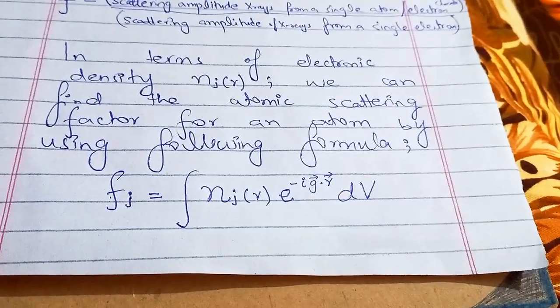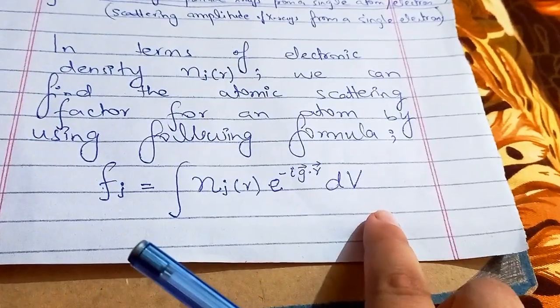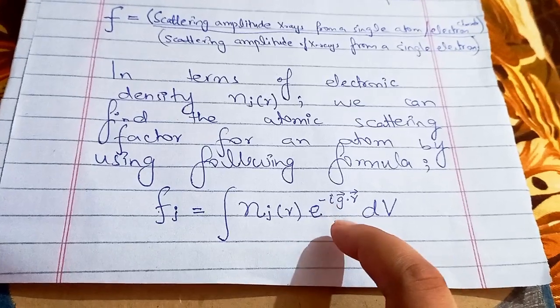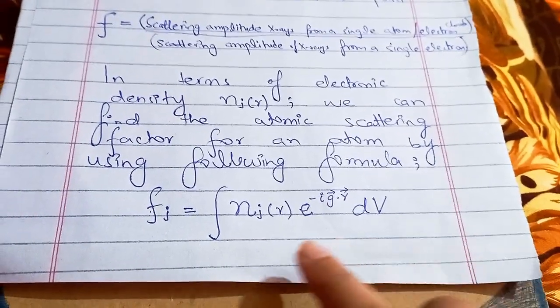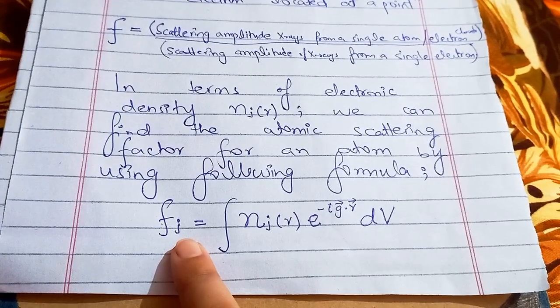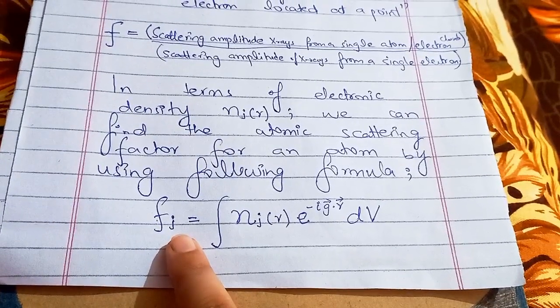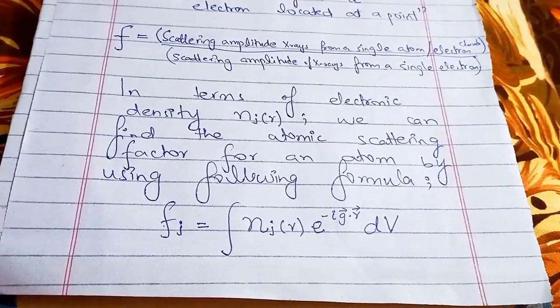This is a volume integral done over the whole space. This exponential function with a negative power and the position involvement shows that the atomic scattering factor decreases exponentially with increase in distance of the electronic cloud of electrons from the nucleus or from the center.